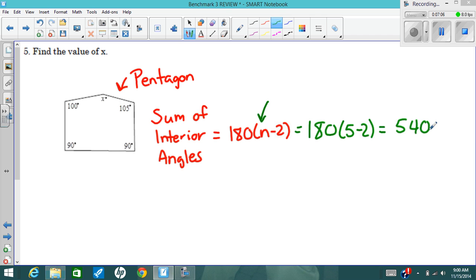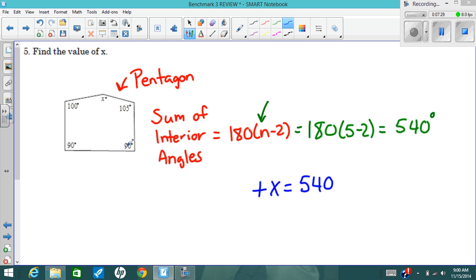So this 540 degrees means that if I add 90 plus 90 plus 100 plus 105 plus x, it should equal 540. So I'll do that. 100 plus 105 plus 90 plus 90 plus x should equal 540.